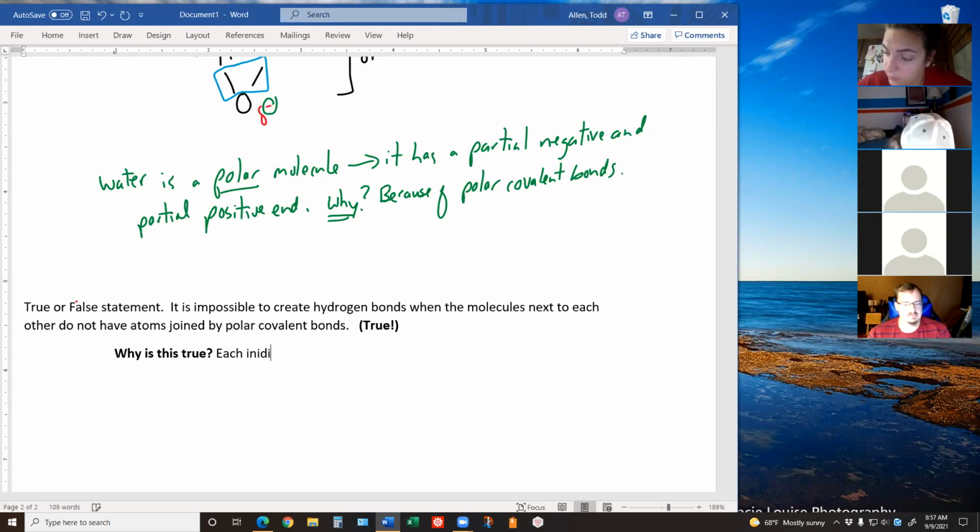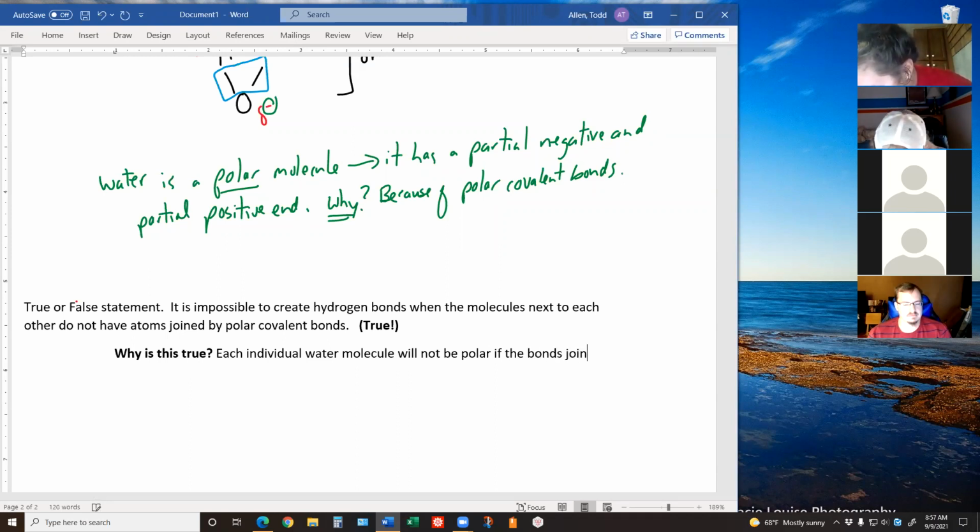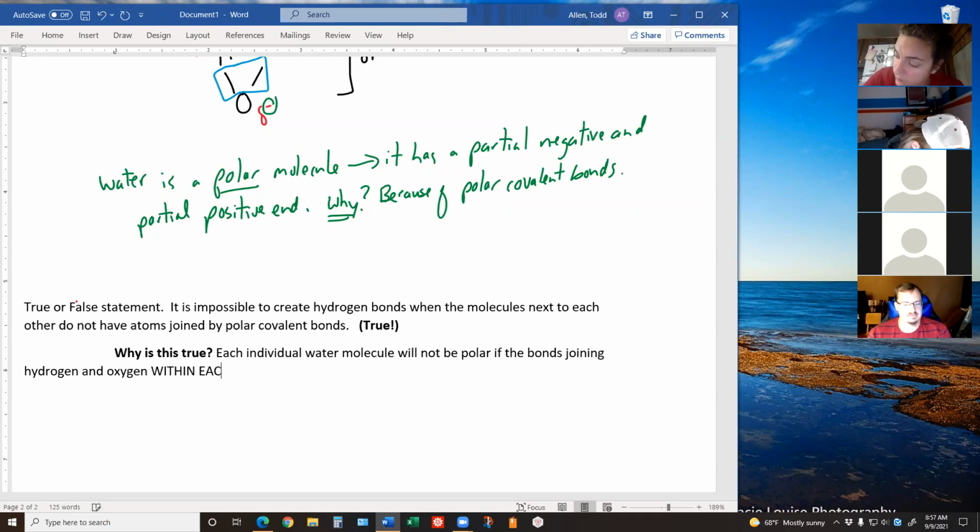Each individual water molecule will not be polar if the bonds joining hydrogen and oxygen within each water molecule are actually non-polar covalent bonds.